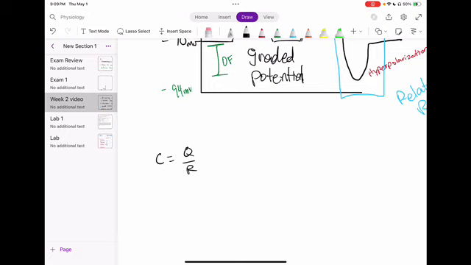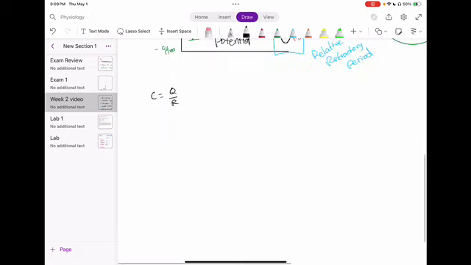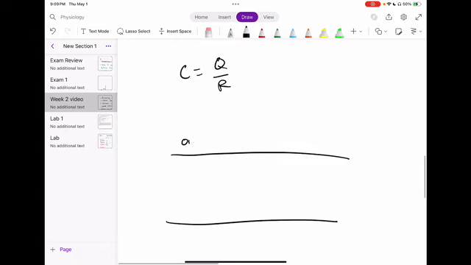So we have something called capacitance. Let's start off and I'll draw a membrane. This is outside. This is inside.